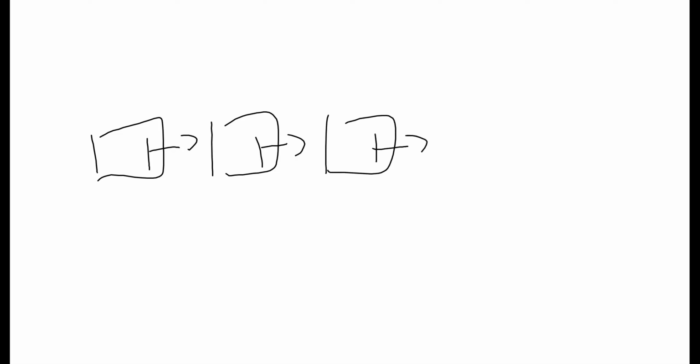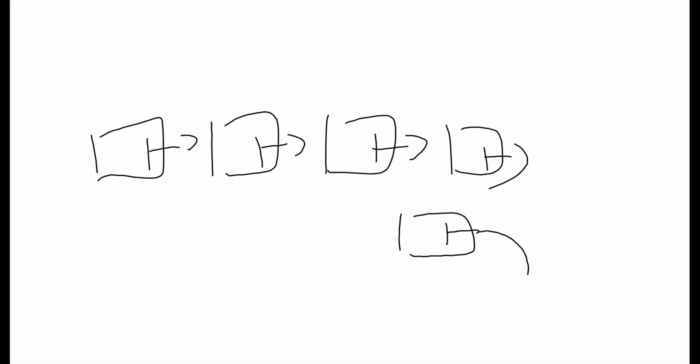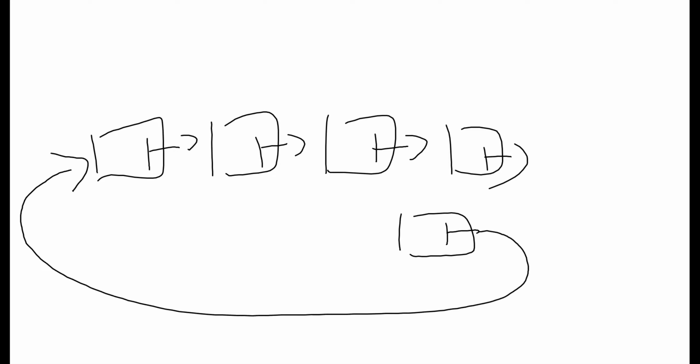There is also a linked list you can do something like this, but the last node is not going to point to null. It points back to the first node. This kind of implementation is called a circular linked list, because it's not a linear way.